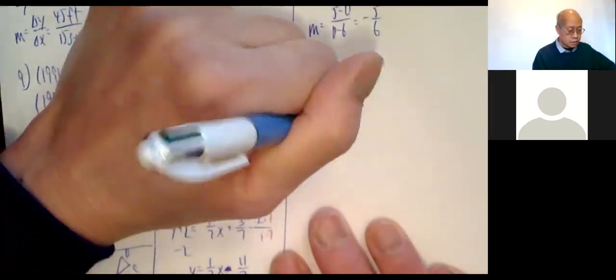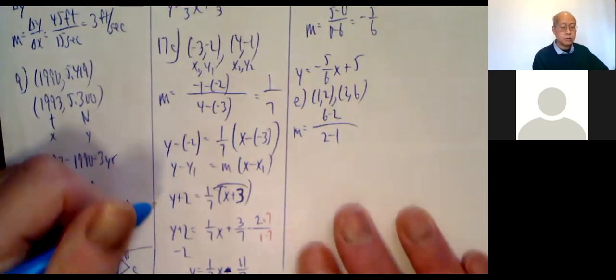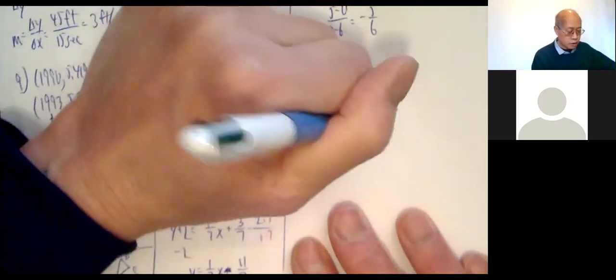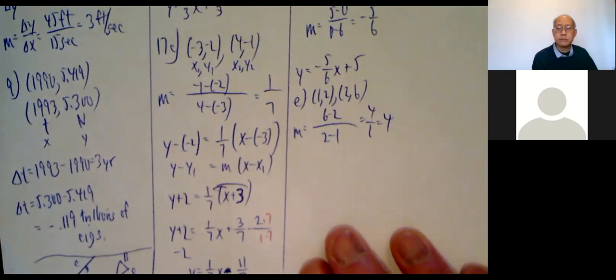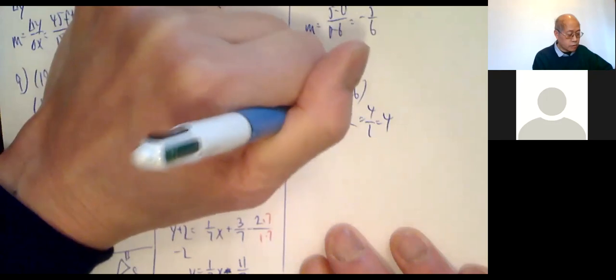So find the slope. 6 minus 2 over 2 minus 1. Y2 minus y1 divided by x2 minus x1. That's 4 over 1, which is 4. And then throw it into the point slope form. Here's x1, y1.